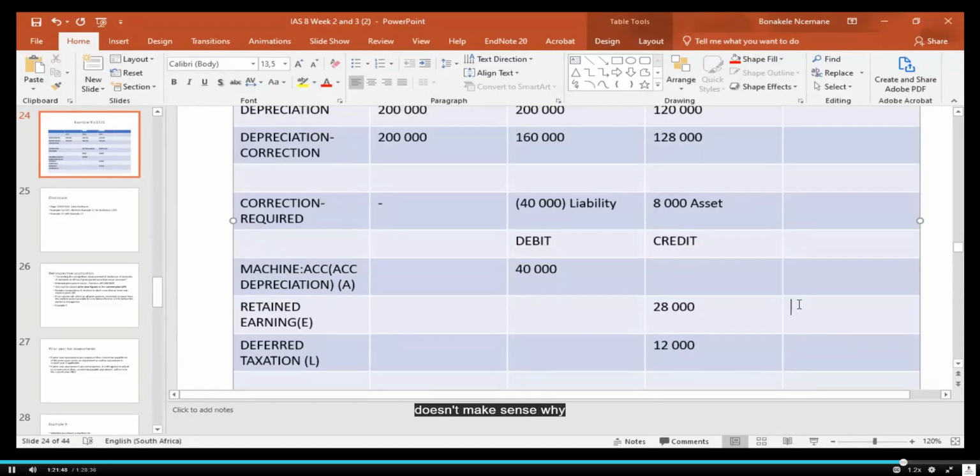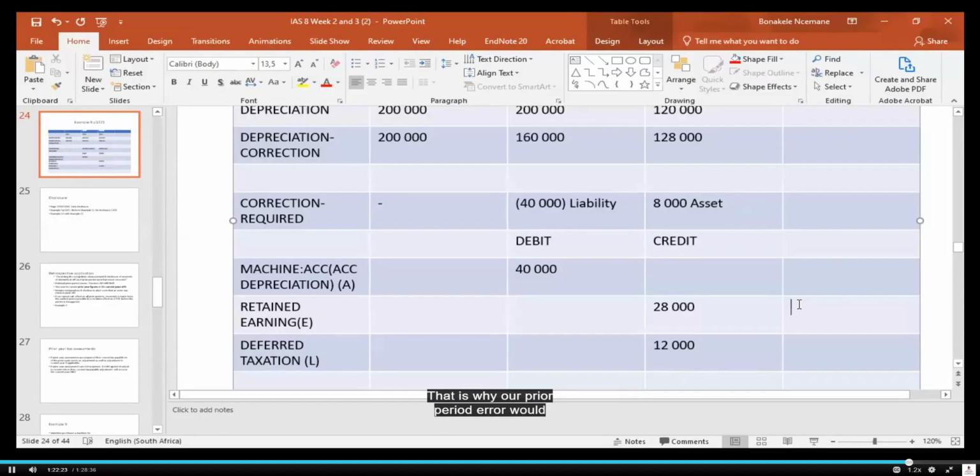Guys, does it make sense why this journal is written this way? The fact that it's a prior period error means it affects our retained earnings, because all the changes in a certain year get reflected on the income statement. But ultimately, the final product of the income statement gets reflected on the retained earnings.